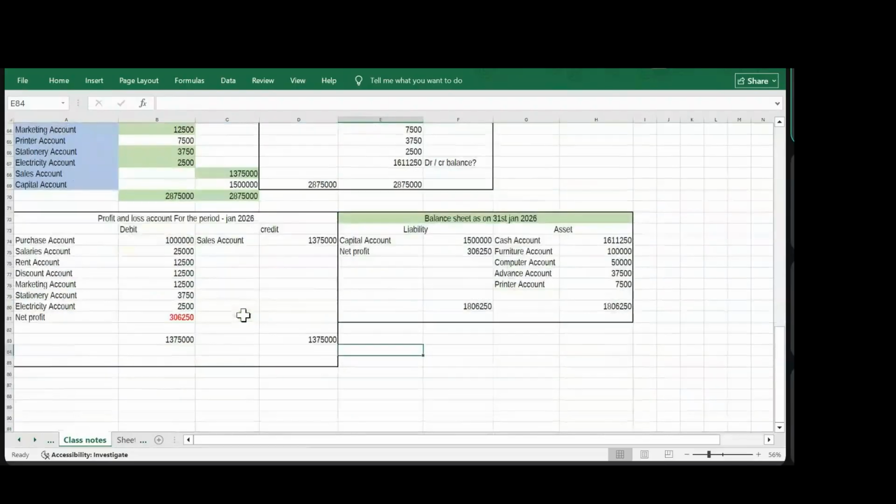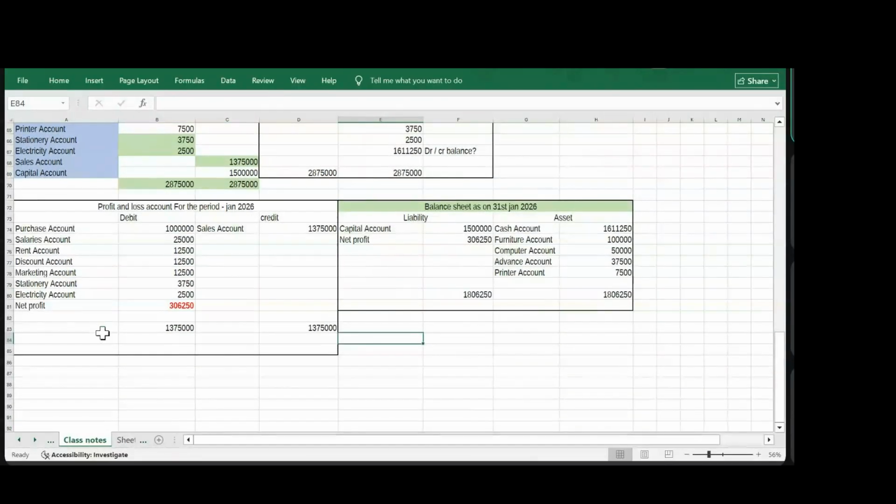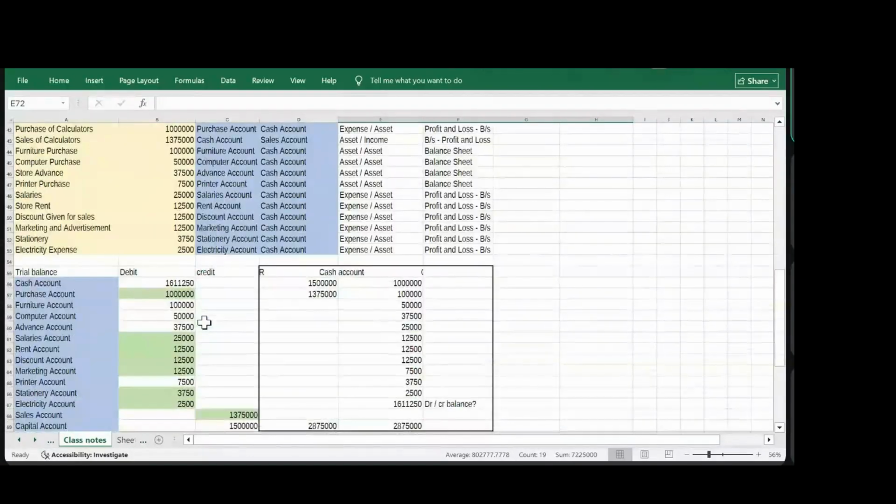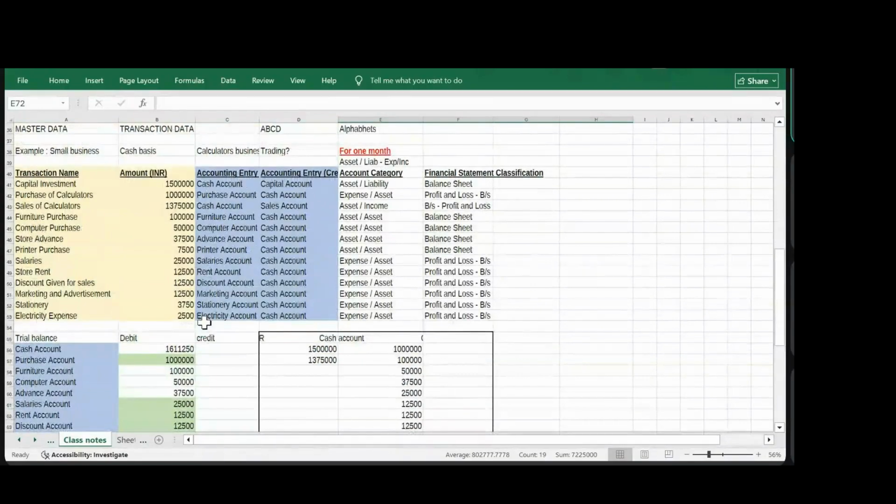Then you will see the P&L difference also, and this difference also automatically it will show to you in the balance sheet. Now, this ABCD, this basics is our target. The same thing what I've done in Excel should happen in our system. The moment we get system access, I think by tomorrow Arjun will arrange. By the time we get our system access, this is what we are going to target to achieve by the time our sessions end.